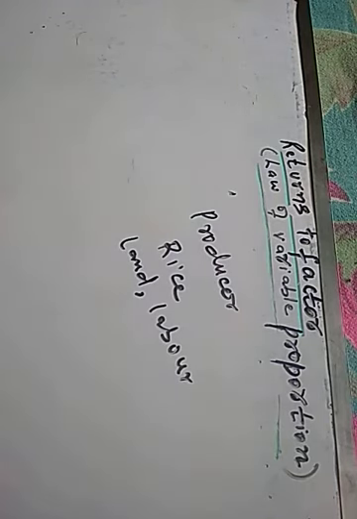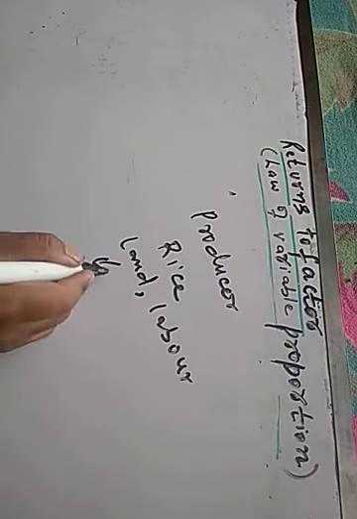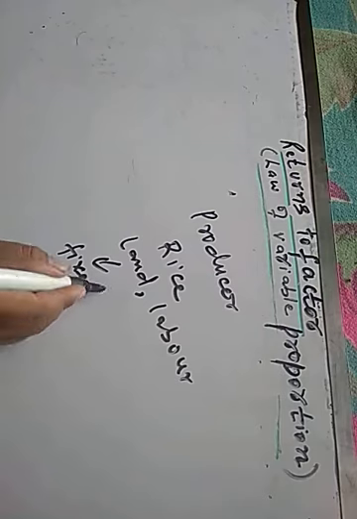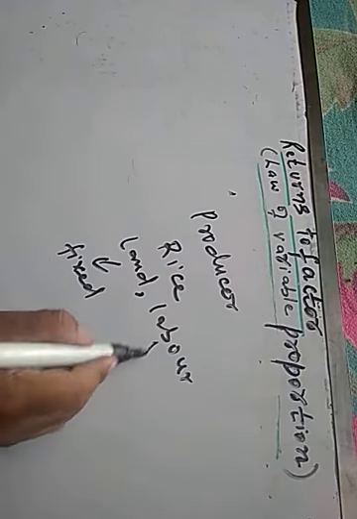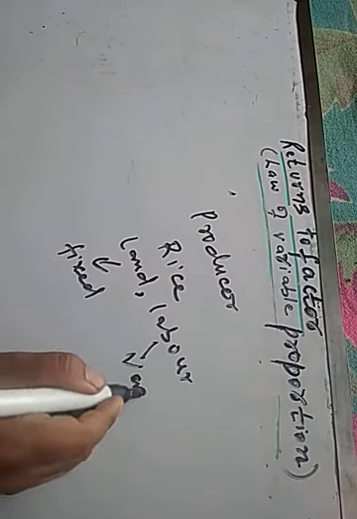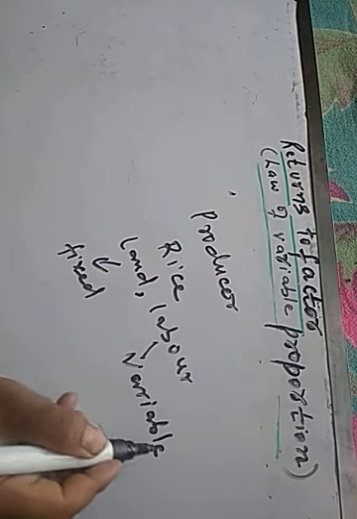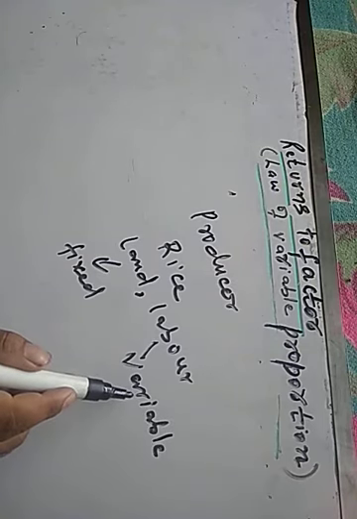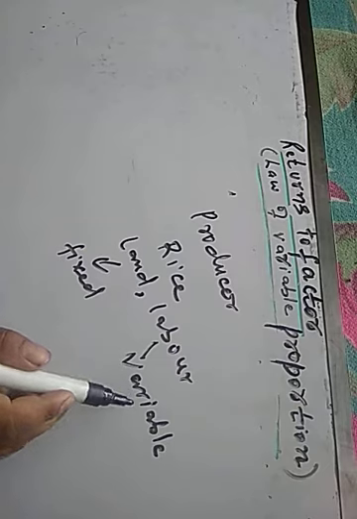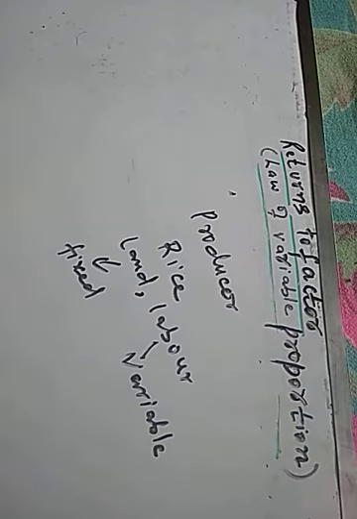And land, in this example, is the fixed factor, or fixed input, and labor is the variable factor or variable input whose quantity will vary with the change in the level of production.